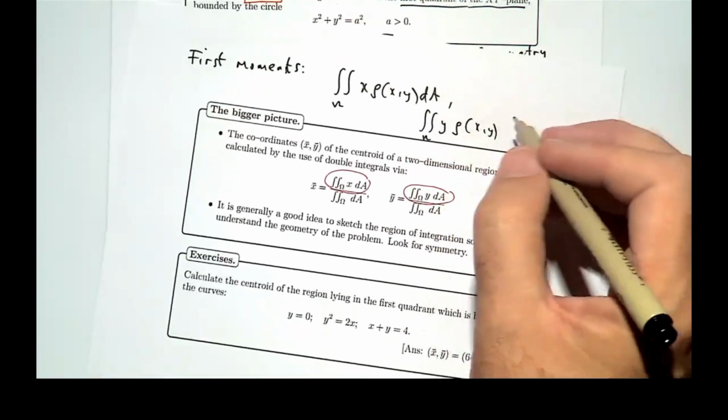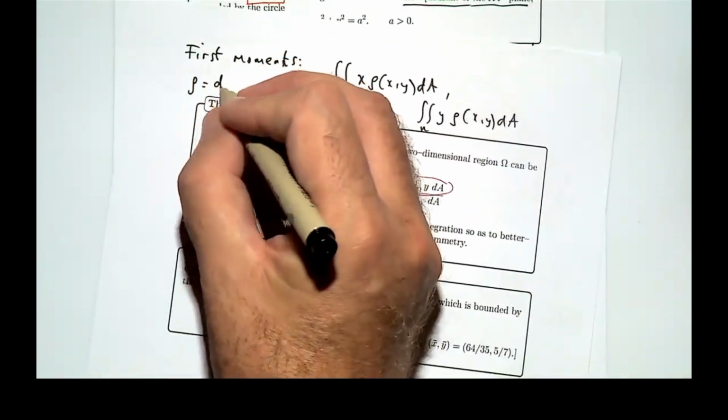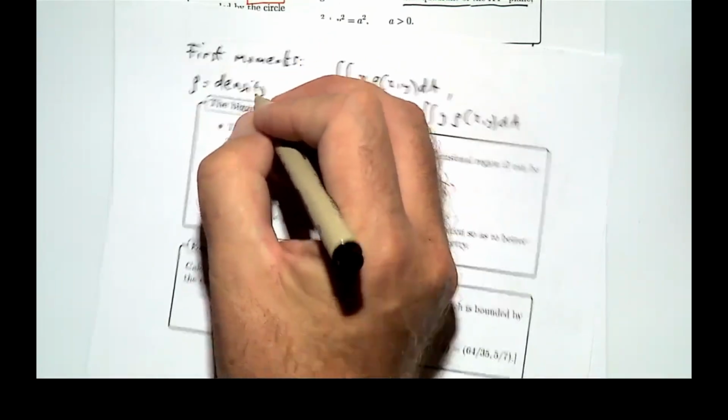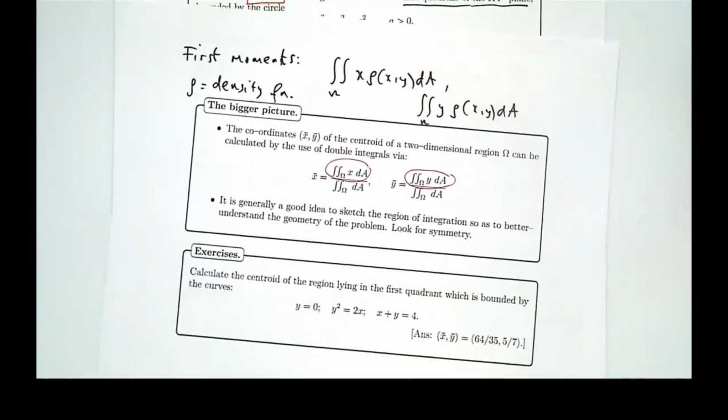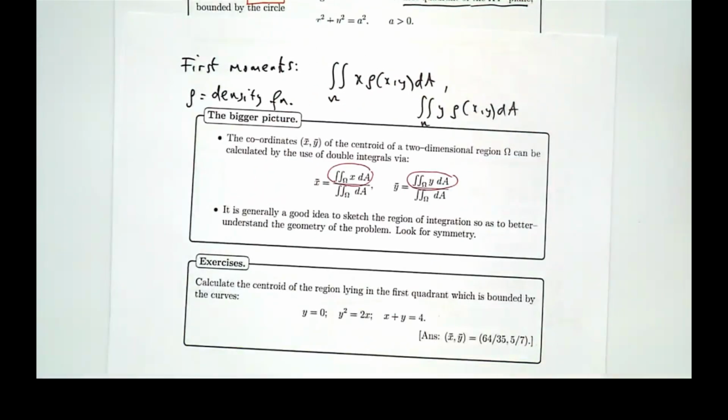So the rho. Okay, and so basically I sort of think of this as distance times mass.